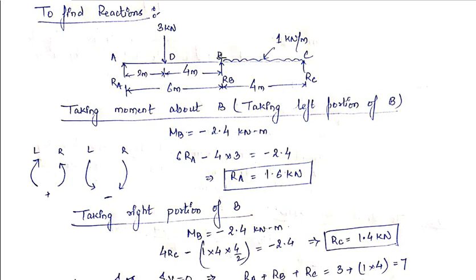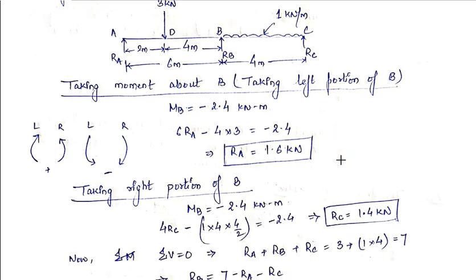Now MB will also be equal to the summation of the moments to the right side of B. So now we will take the right side of B portion. MB can also be written in terms of C. RC is acting in the upward direction, so this RC will produce an anti-clockwise bending moment about point B. And if the right moment is anti-clockwise, the bending moment is positive.